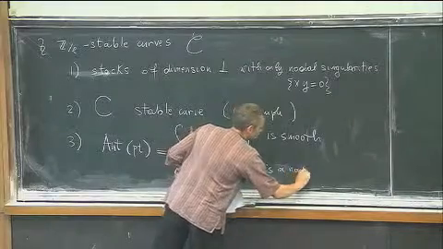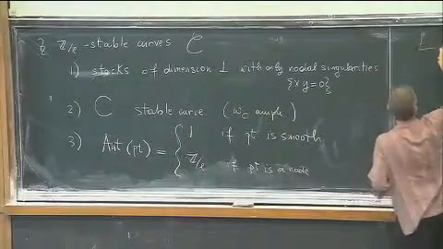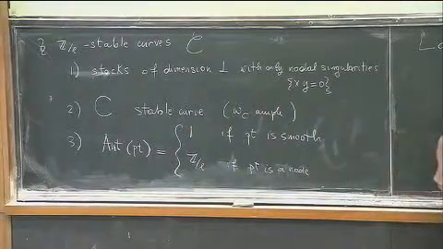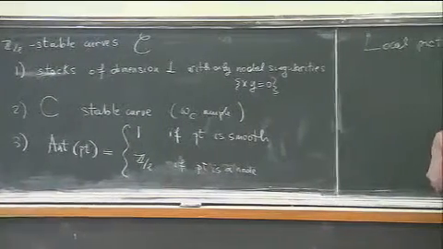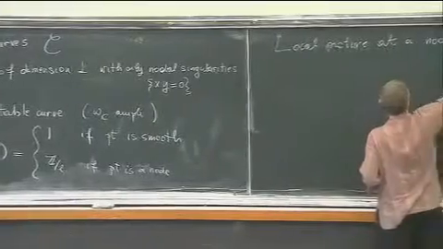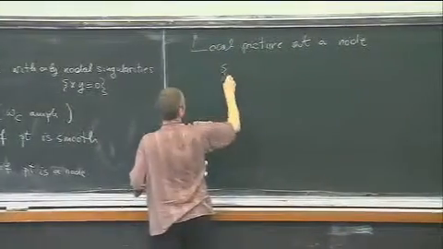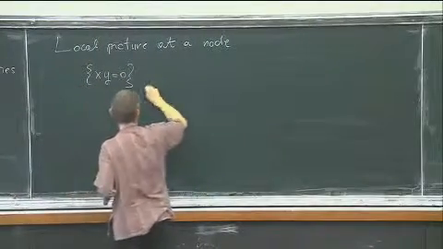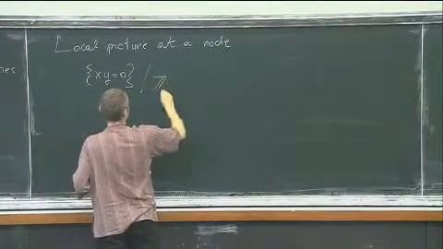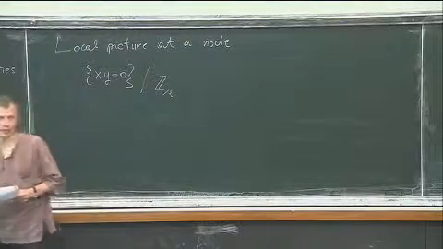And I can be more precise about this. The local picture at a node looks like, as you know, xy equals 0, and then I have to act on this by a cyclic group of order L.